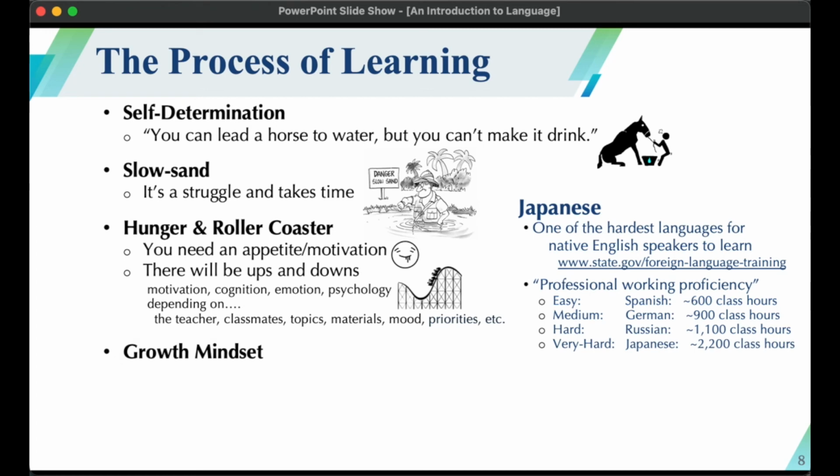Fourth, a growth mindset. When faced with challenges, there's two different mindsets one may have. On one hand is a set, fixed mindset, wherein someone feels they have it or they don't, expects immediate results, gives up quickly after a single failed try, and chalks things up to luck and fate.